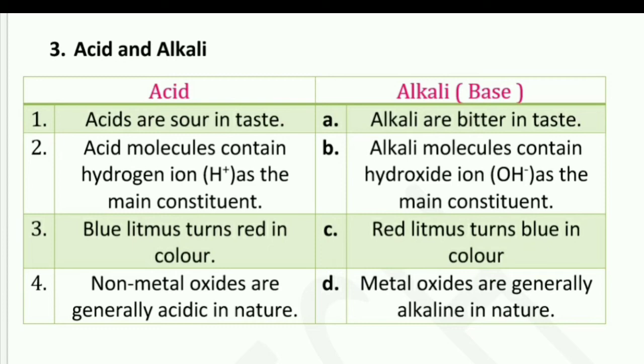Okay? The fourth point, non-metal oxides are generally acidic in nature, and metal oxides are generally alkaline in nature. So these are the 4 points to write the difference between acid and alkali or base.